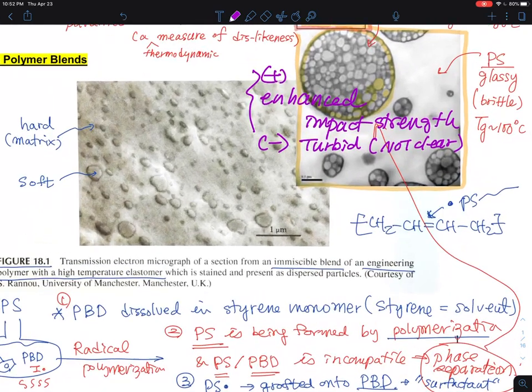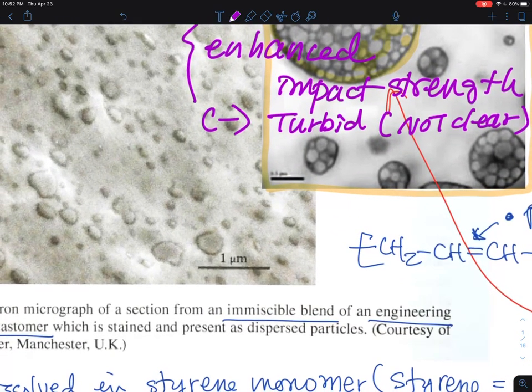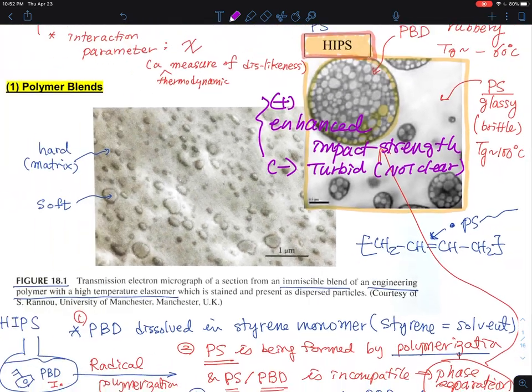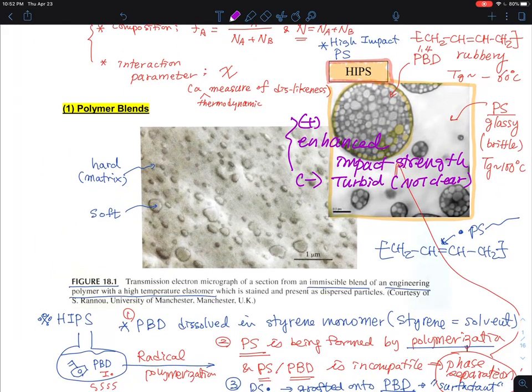If I blow this up, this is, I think, on the scale of 10 microns or so. The scale bar here must be something like 1 micron. And so therefore, it is a pretty large particle, that rubbery particle has a different refractive index. They can scatter a lot of light.